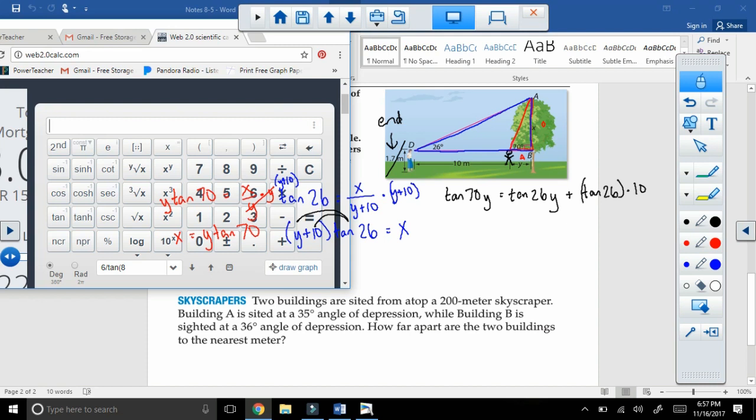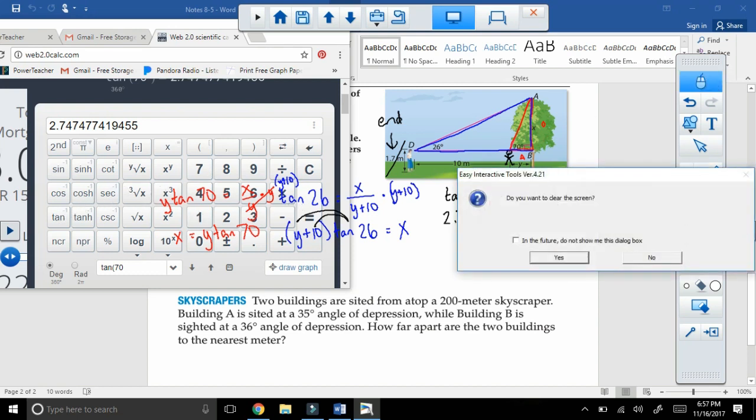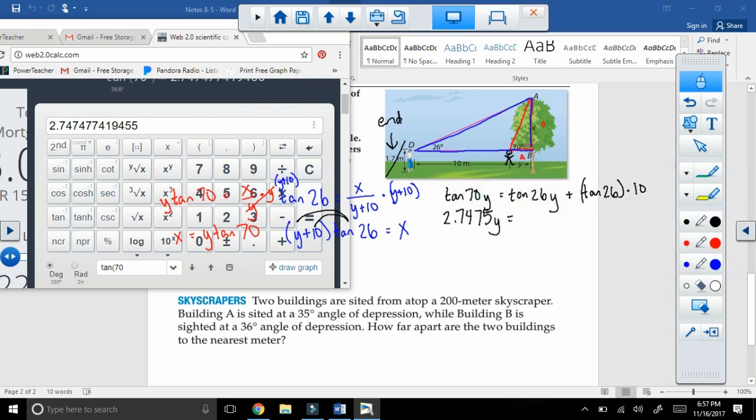So this is going to be the tangent of 70, and that is about 2.7475 times y. And if you're going to write a decimal, you need to have 4 after the decimal place, because otherwise your final answer will be wrong. The next one I'm going to type in, let's see, I got to keep going back and forth.